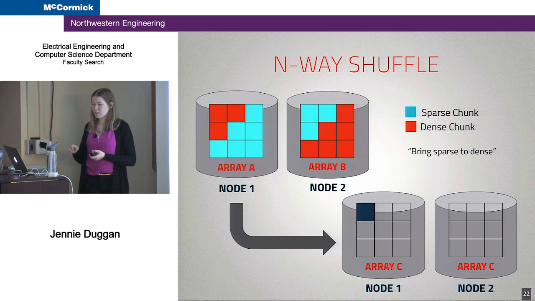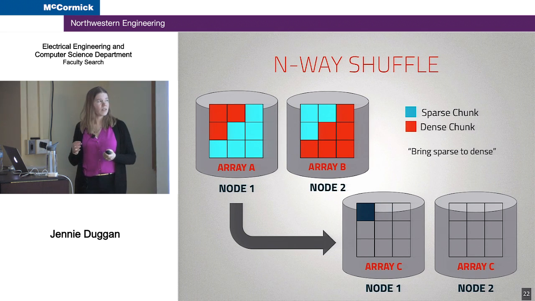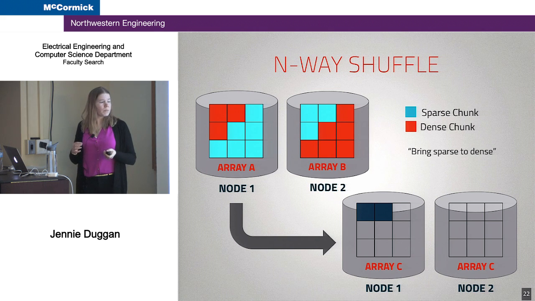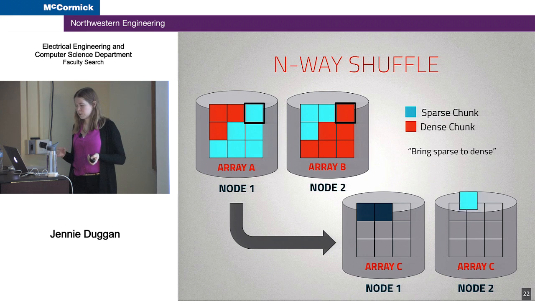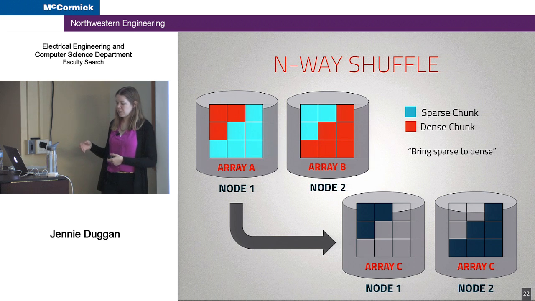The one that has a larger footprint becomes the host for the join. So again, we identify the sparser chunk and ship it to the node hosting the denser join input. And we continue iterating over the array, assigning chunks to nodes on the basis of simply minimizing the network bandwidth.